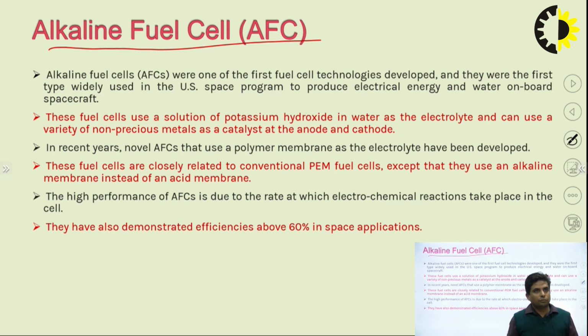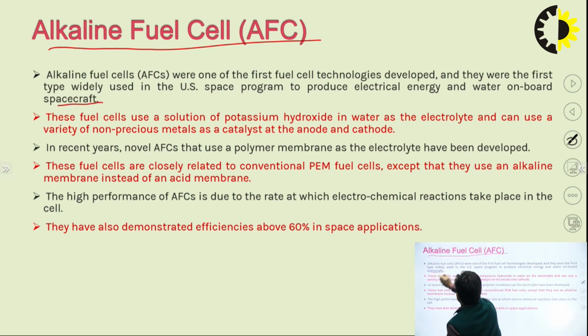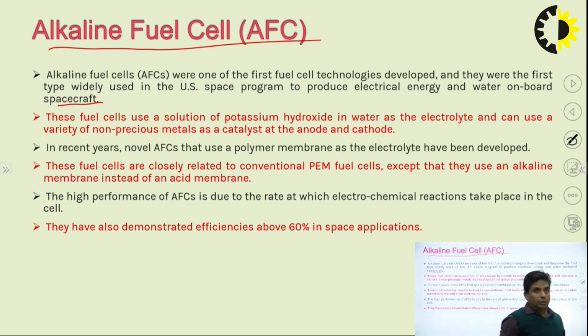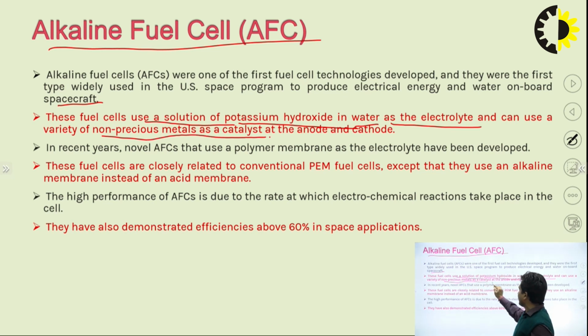Alkaline fuel cells were one of the first fuel cell technologies developed, and they were the first type widely used in the US space program to produce electrical energy and water onboard spacecraft. Basically the fuel cell uses a solution of potassium hydroxide in water as the electrolyte and can use a variety of non-precious metals as a catalyst at the anode and the cathode.